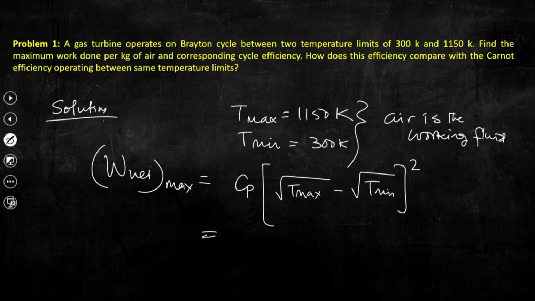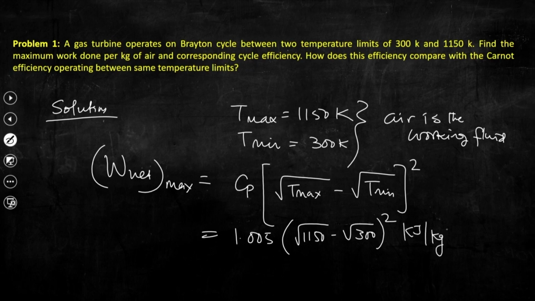And if we plug in the value of Cp, that is for air 1.005 kilojoule per kg Kelvin, into root 1150 minus root 300 whole square, and if we calculate it, the units would be kilojoule per kg, and this is equal to 276.62 kilojoule per kg.